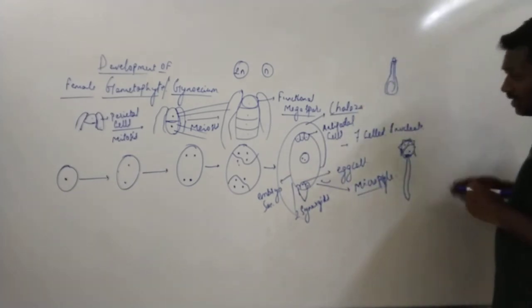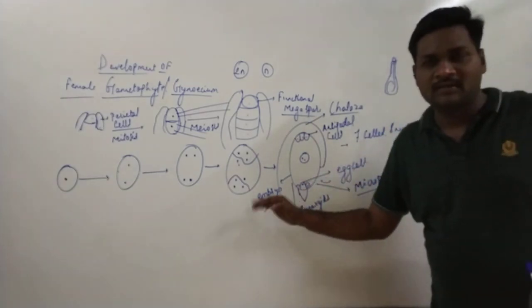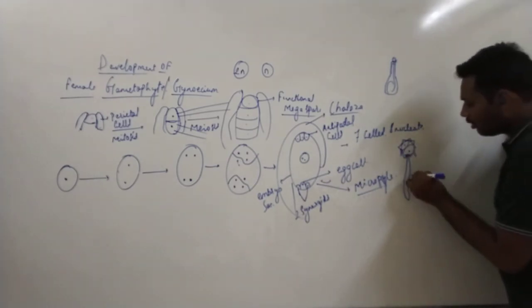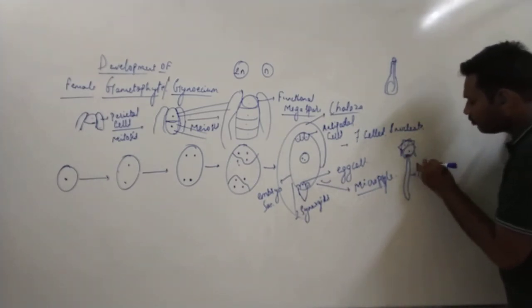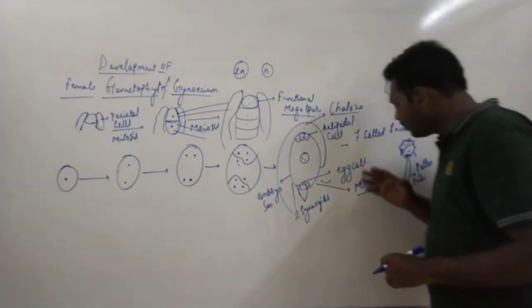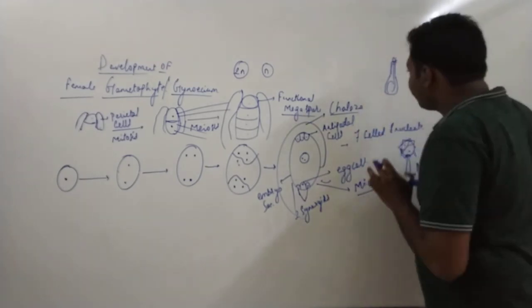For the entrance of the male gamete to the female gamete, there is a requirement of a tube-like structure, that is called the pollen tube. It is formed through the germ pore.